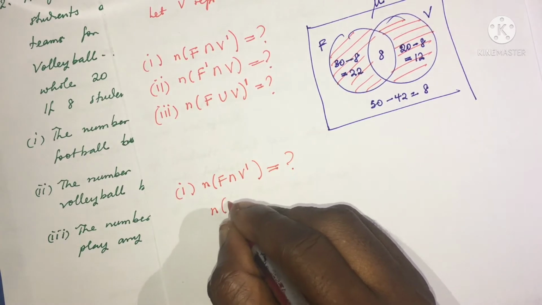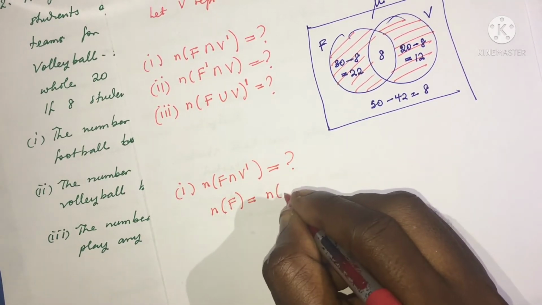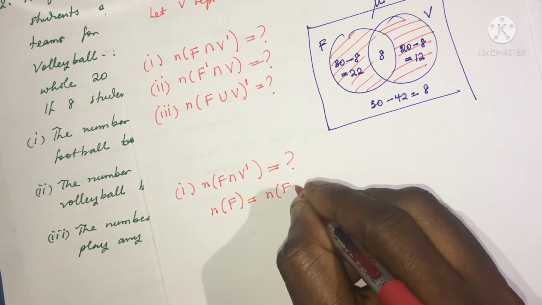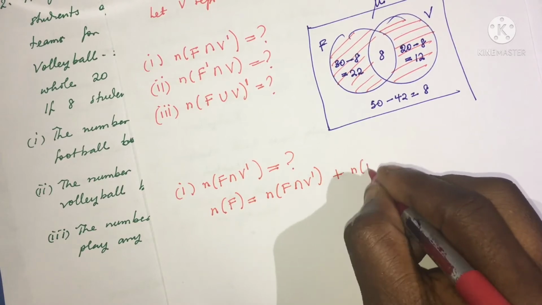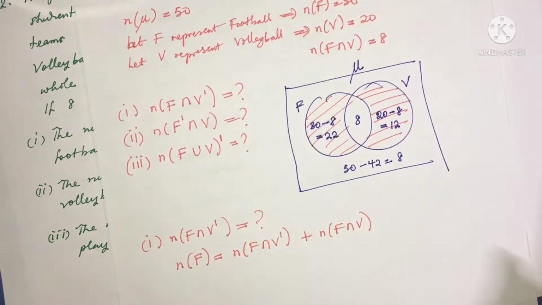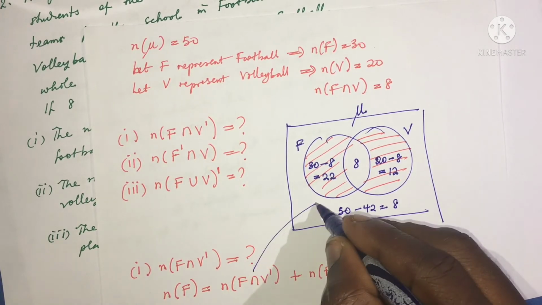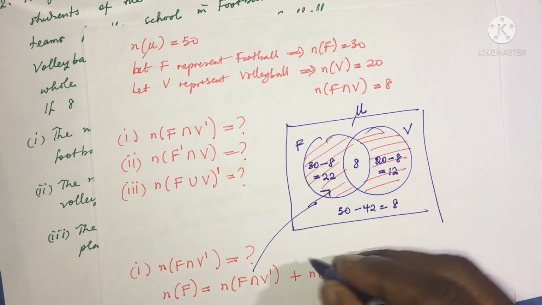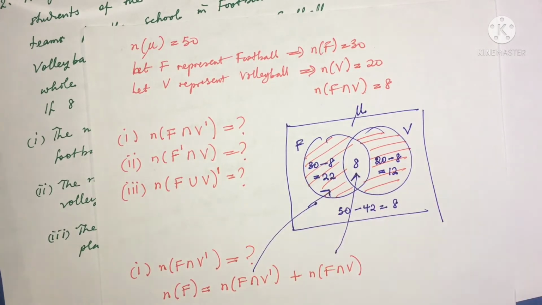Take note, n(F), the number of those that played football, is made up of two partitions, n(F ∩ V') plus n(F ∩ V). Now, what are those portions? This portion here is the half moon, and this is the portion, the unshaded one.